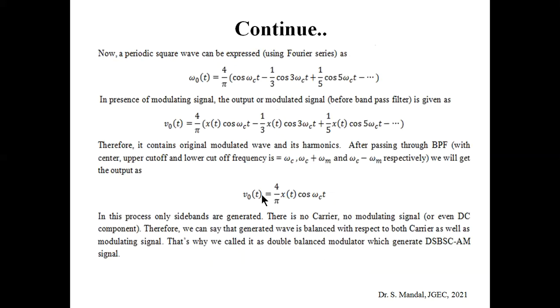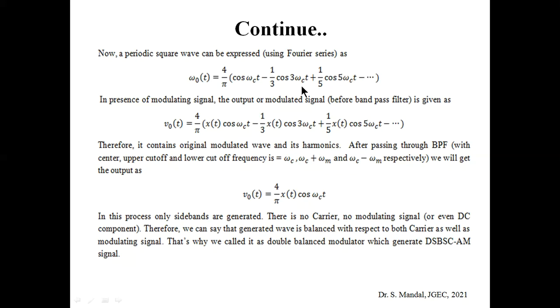Okay. Now to understand the operation of this balanced modulator, let's discuss the mathematical expression for the output of this switching modulator or ring modulator. We consider a periodic square wave or clock signal. The corresponding Fourier series can be expressed as: 4/pi [cos omega_c t minus 1/3 cos 3 omega_c t plus 1/5 cos 5 omega_c t minus 1/7 cos 7 omega_c t].